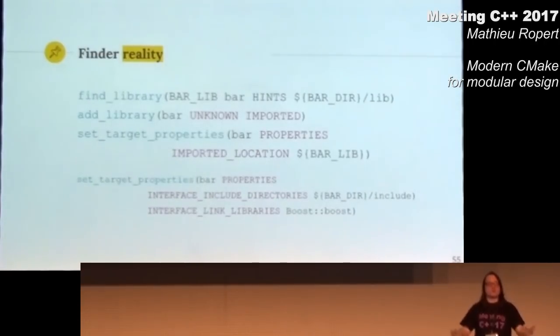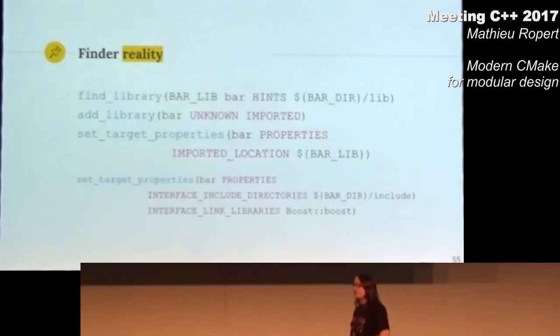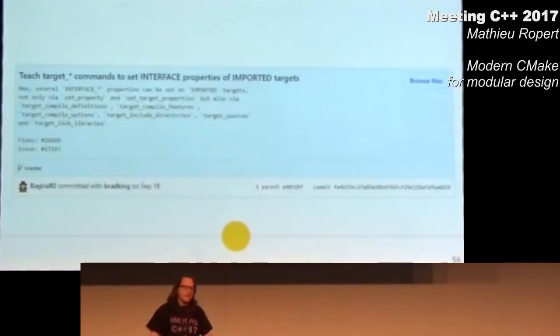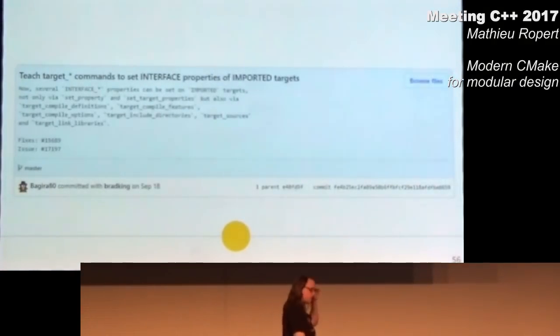They only work with targets that CMake actually builds, or an interface, which it doesn't build, but don't ask. And actually, there is no reason for that. And someone, I don't know if he heard me or if he had the same bug, but he actually made a pull request and fixed that a few months ago, or even before that, which is pretty cool, because in the next release of CMake, you will be able to do target whatever on imported location, and your finders will be even simpler. Pretty nice.